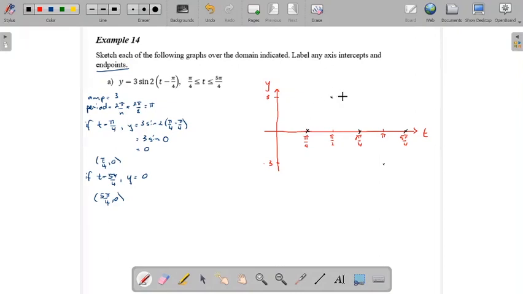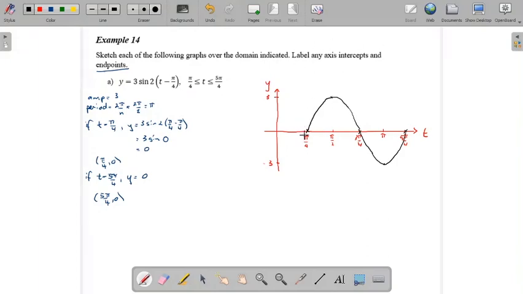Okay, so we've marked in our relevant positions. We can now sketch. Okay, so we've got it nice and clear here.